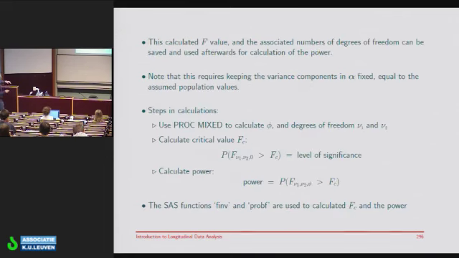So, how will we do that? We will calculate that F value. That F value will give me my non-centrality parameter. Then I'm going to use proc mixed to calculate that non-centrality parameter as well as the degrees of freedom, because that's the other issue.